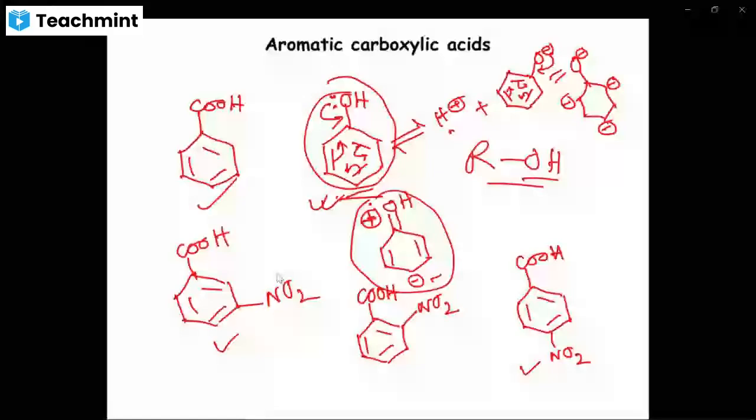But when we are talking about the electron withdrawal by nitro group through its minus R effect from the aromatic ring, it does not depend on the position of the nitro group, right? Because wherever it is, it can pull the same amount of electron from the ring. Is it not?